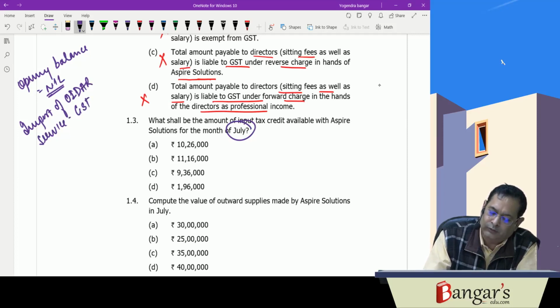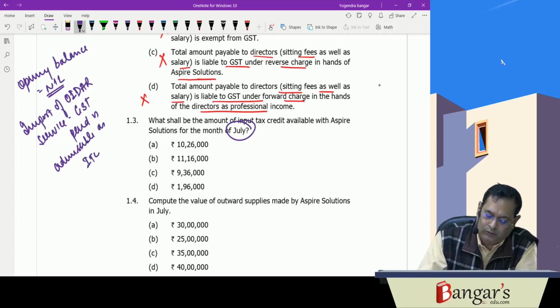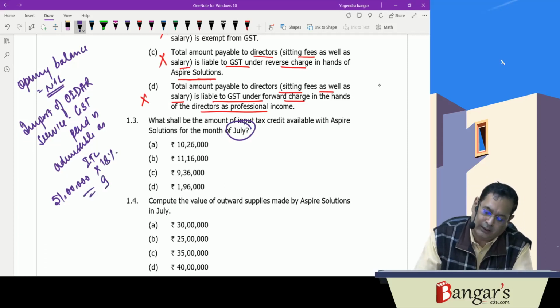GST paid on the same is admissible as ITC. So on 51 lakhs we have paid IGST of 18%. That was 9,18,000 rupees. That will be admissible as ITC.